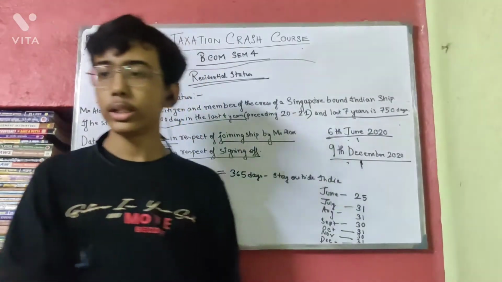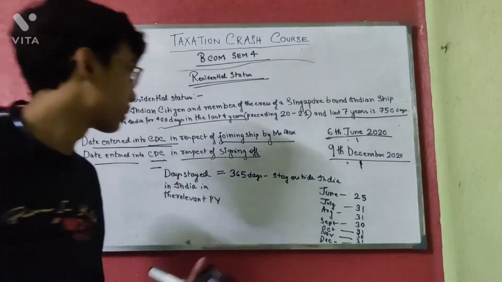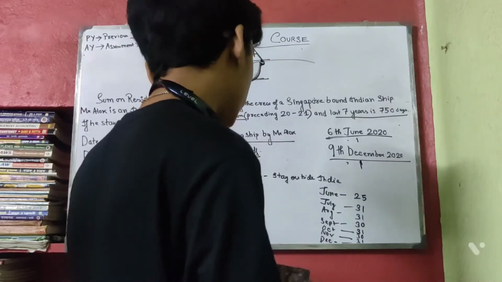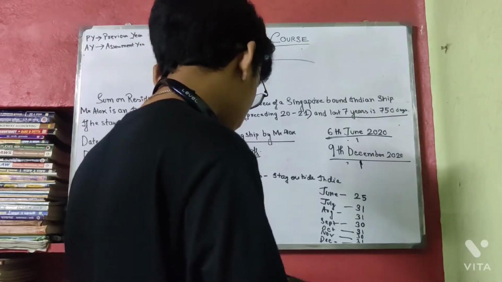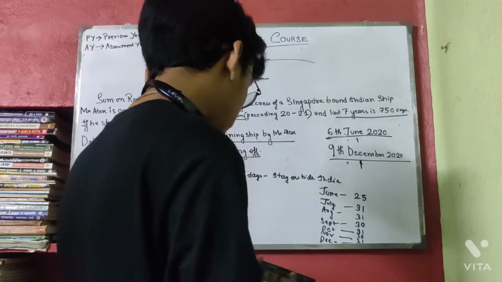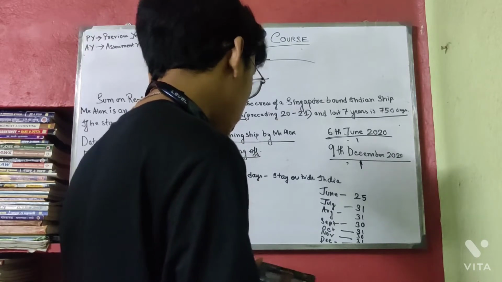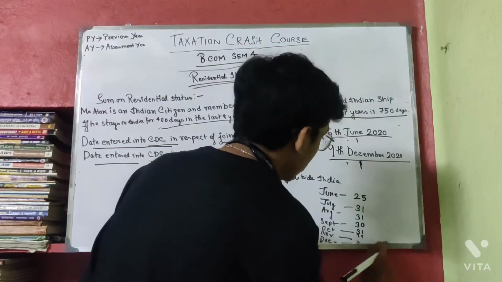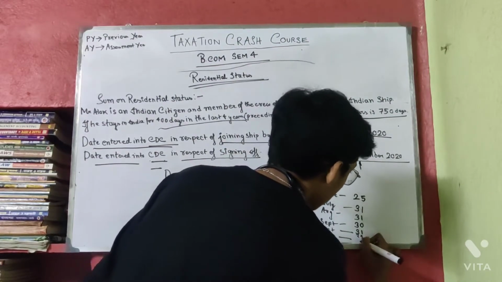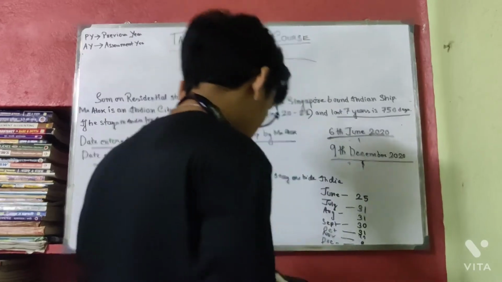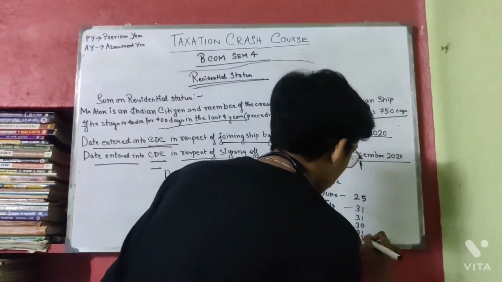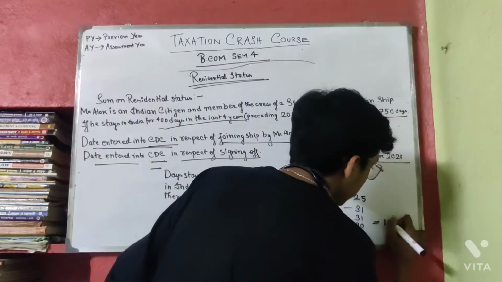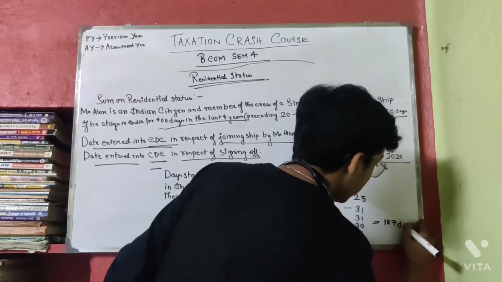Okay, let me calculate. 25, 31, 31, 30, 31, 30, and sorry, for December only 9 days should be taken. Okay? 9 days, it's 187 days. Total is coming as 187 days.